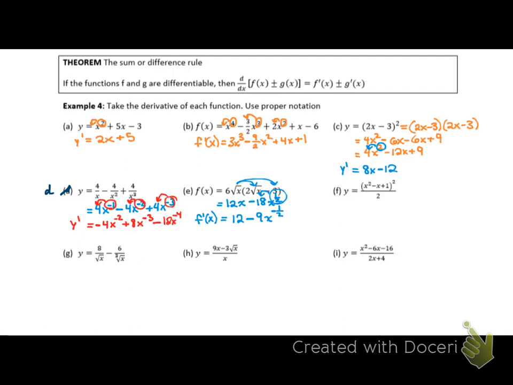For part F, this is going to take a little more work. So let's put this over here on the side. Now, the numerator we're going to have to double distribute, and then we'll divide everything by 2. So we have x squared minus x plus 1 times x squared minus x plus 1. All right, we have x to the fourth power minus x cubed plus x squared.